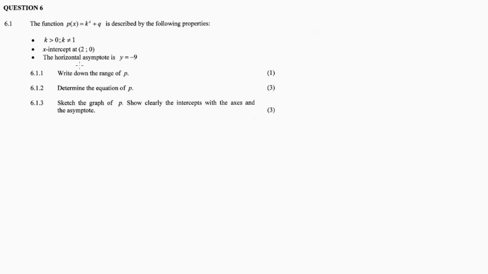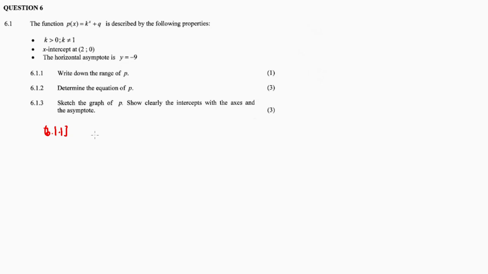Since p is an exponential function, the range has something to do with the horizontal asymptote. I can see that I'm given a horizontal asymptote and it has something to do with a range.